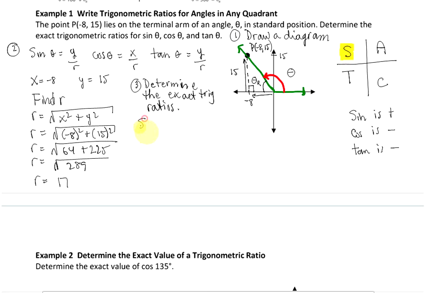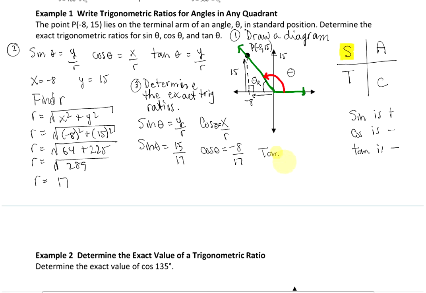Okay, so sine of theta is y over r. So sine of theta is 15 over 17. Cos of theta is x over r. And so cos of theta is equal to negative 8 over 17.